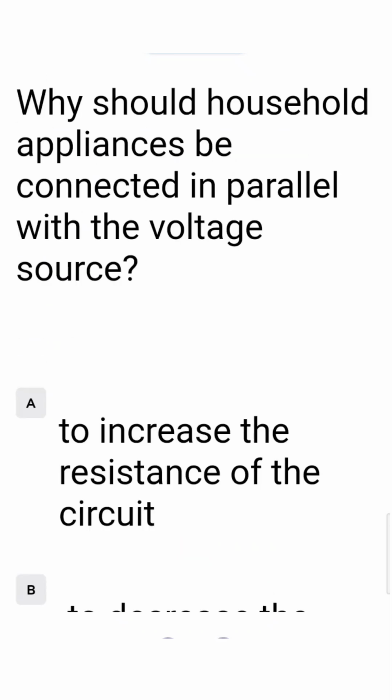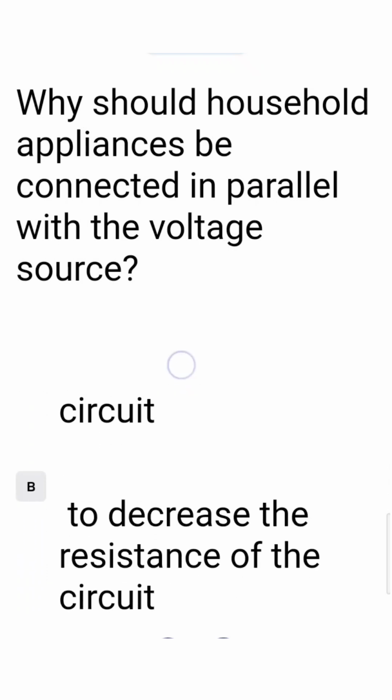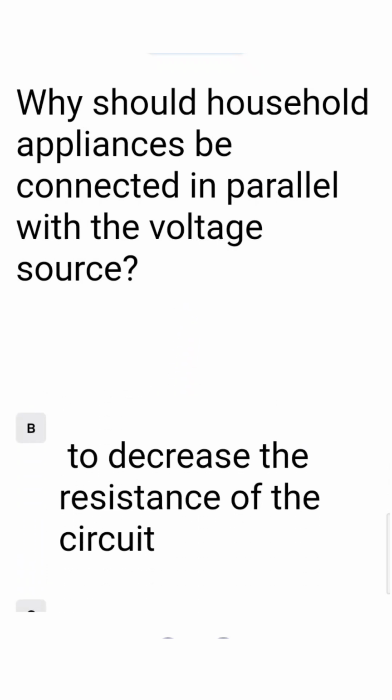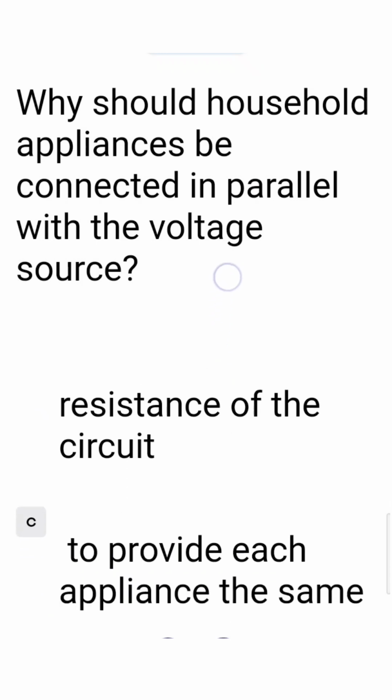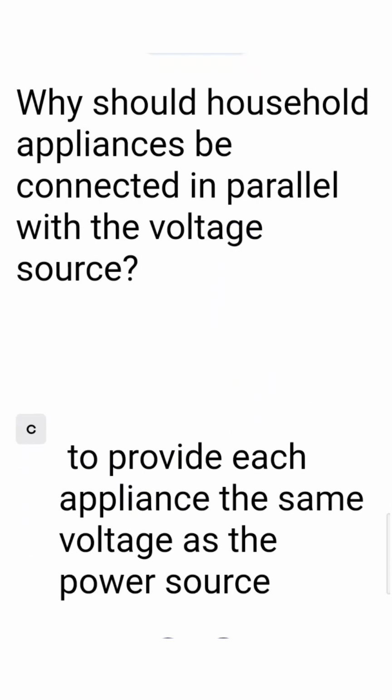Why should household appliances be connected in parallel with the voltage source? A, to increase resistance of the circuit. B, to decrease the resistance of the circuit. C, to provide each appliance the same voltage as the power source.